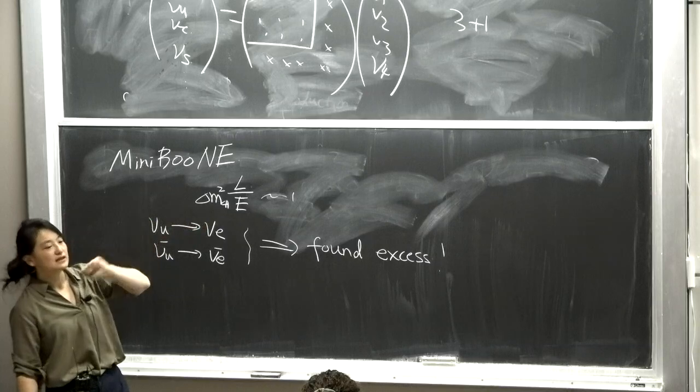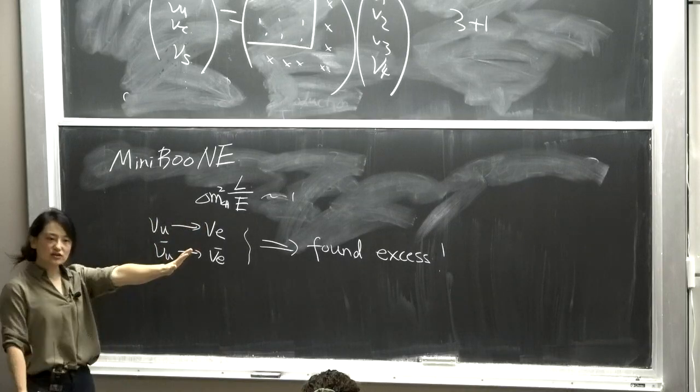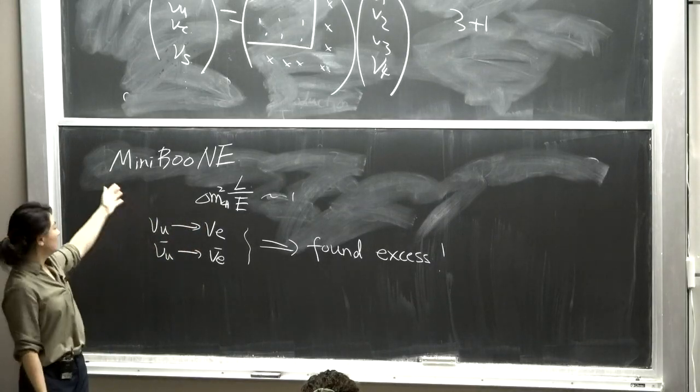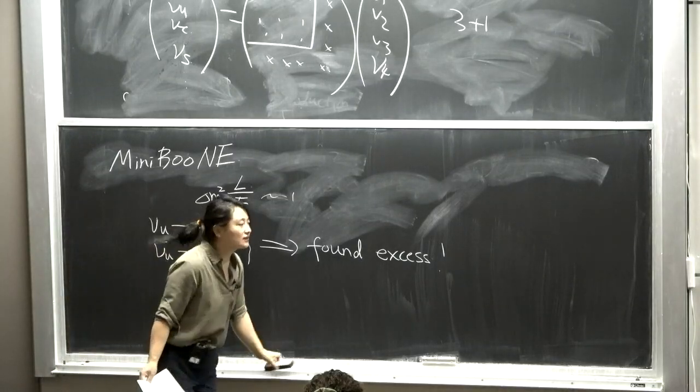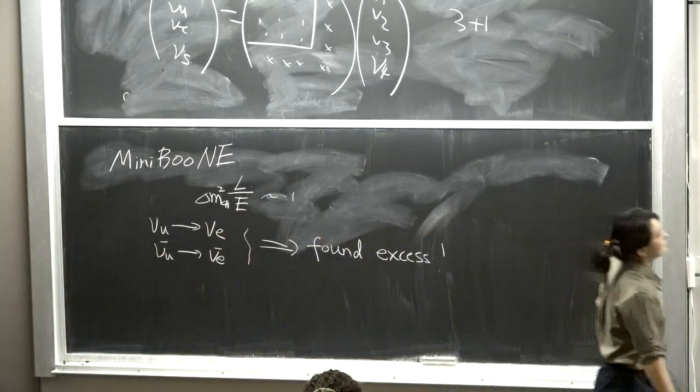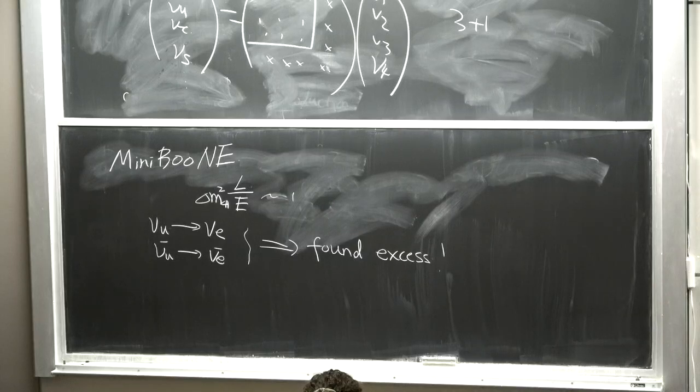We saw some experimental hints, and we weren't sure, so we built a different experiment with very different systematics and different detector technology, trying to see this. Now, have we discovered a 1 eV sterile neutrino?